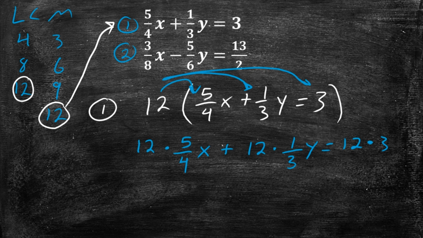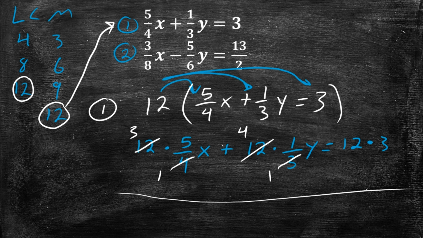And when we do these, we can simplify a little bit more. So 4 will become a 1, 12 will become a 3, and then next to the y's, we'll have this 12 become a 4. When you simplify, this will become a 1. And now let's go ahead and polish this off here.